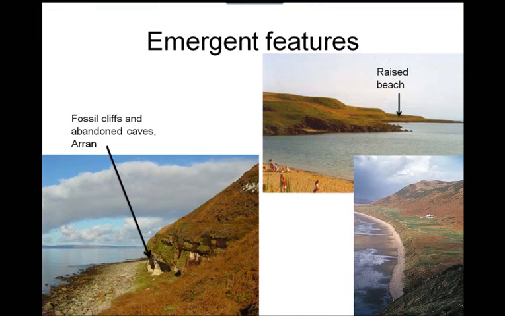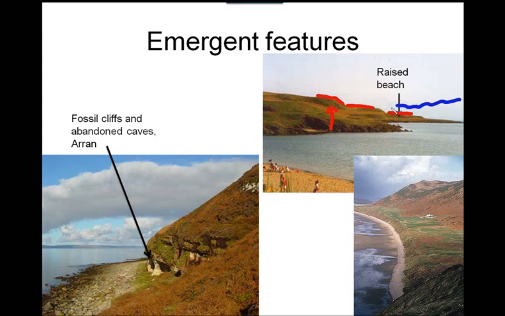And here you can see various emergent features. So what the land has done here is it's risen out of the sea. And here you can see a number of terraces, and each terrace, flat bit, is essentially a raised beach from a time in the past when sea levels were much higher.